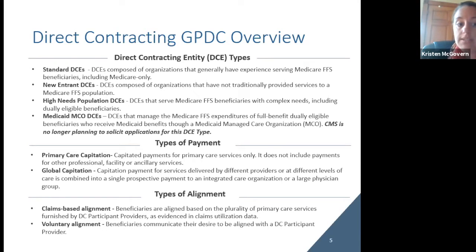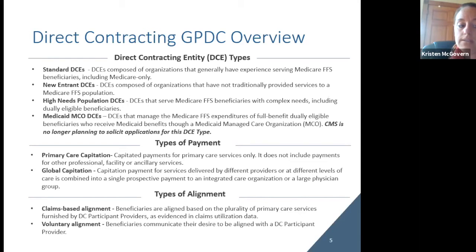So once you've selected your DCE type, once you've selected your payment type, there are also several options for how patients are aligned with your entity. One mechanism is claims-based alignment. This is something that is widely used in other ACO and shared savings programs being tested throughout the department.